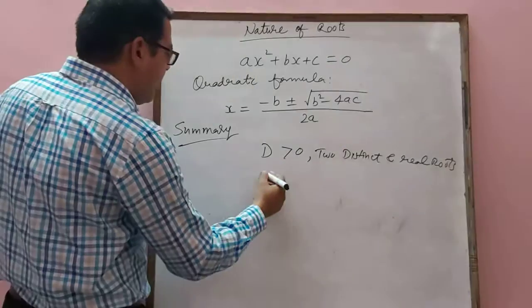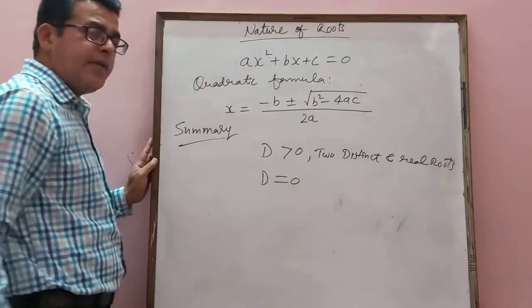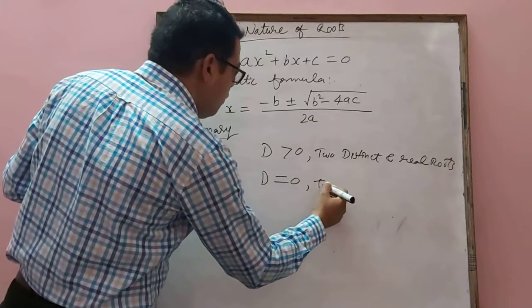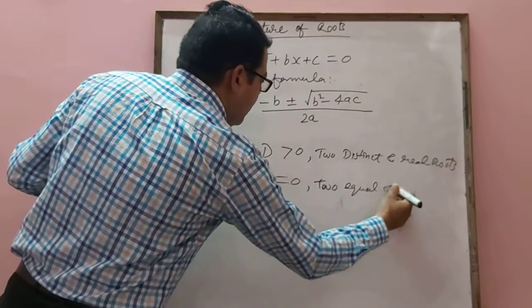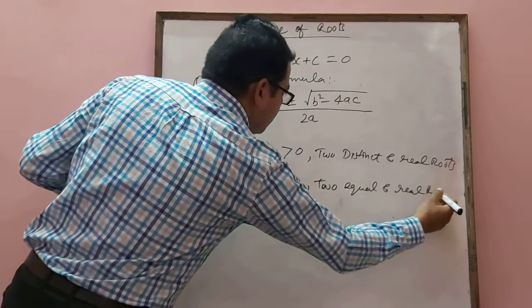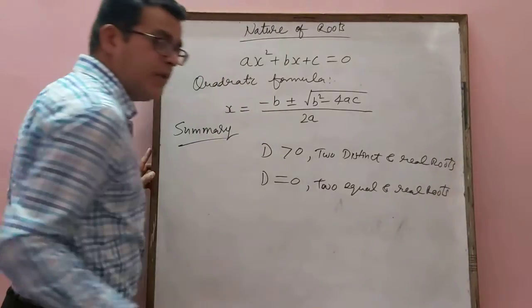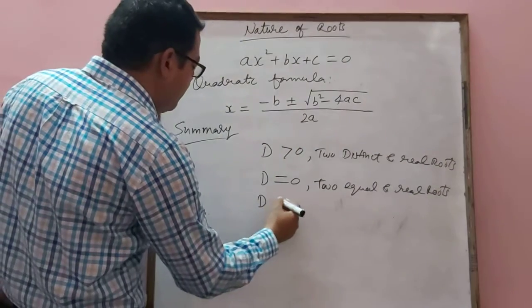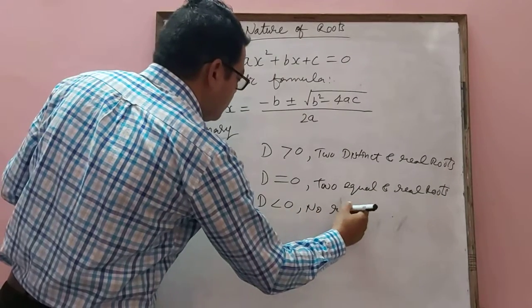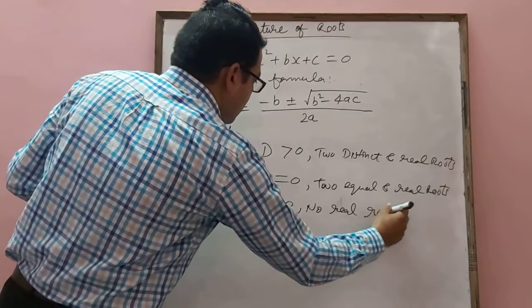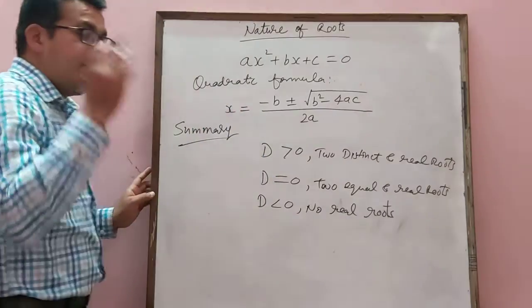And in the second case, if D is 0, then we have two equal and real roots, right? And in the third case, if D is less than 0, then no real roots. These are also called imaginary roots.